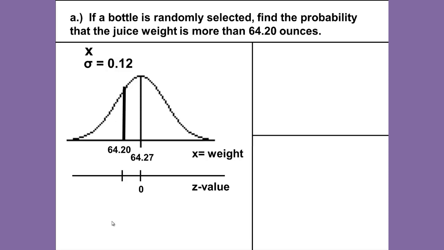And I will mark the z-value underneath it because there will be a corresponding z-value for every x value. Our problem then wants us to find that it is more than 64.2 ounces. So I will shade that area and realize that that's the answer that I'm looking for. That is our answer.